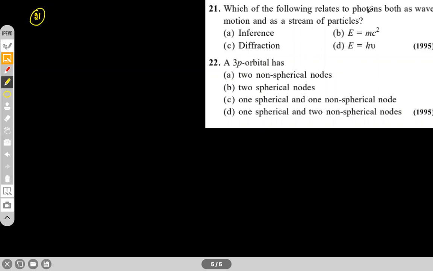The photon has both wave motion as well as a stream of particles. Obviously, if you have wave plus particle nature, we call it the dual behavior, right?